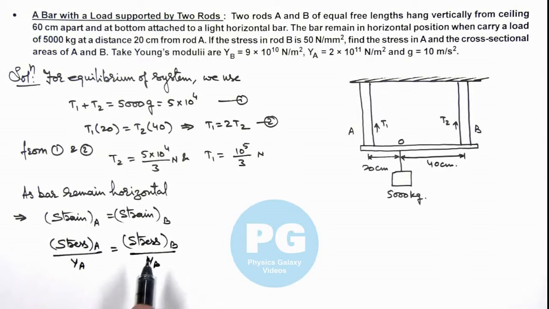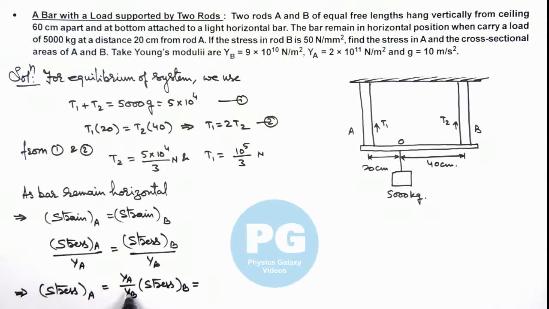And we are already provided with the stress in rod B, so this will give us the stress in rod A. So here we can write the stress in rod A is equal to YA upon YB multiplied by stress in rod B, and numerically we can calculate as all values are given to us. YA and YB we can substitute.